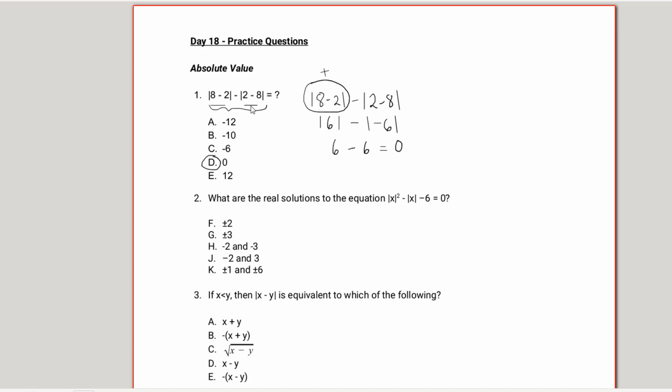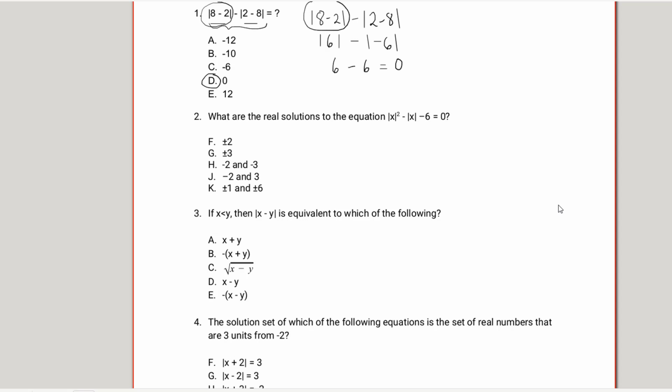So just keep that in mind. It's not that you always have an answer that's positive, it's that a single absolute value will always result in a positive result. But then if you have some other operations to do, you have to consider that. So our answer here is D.